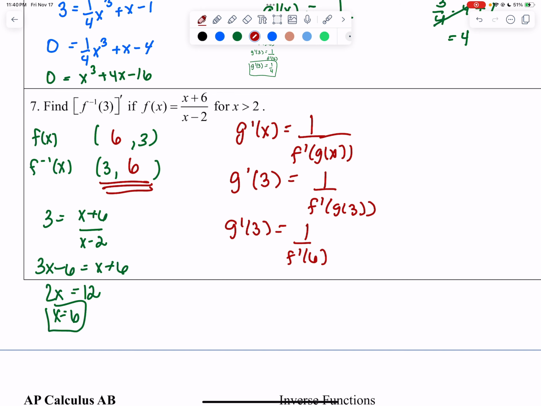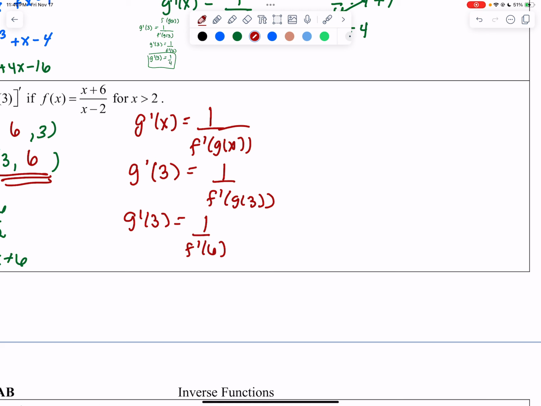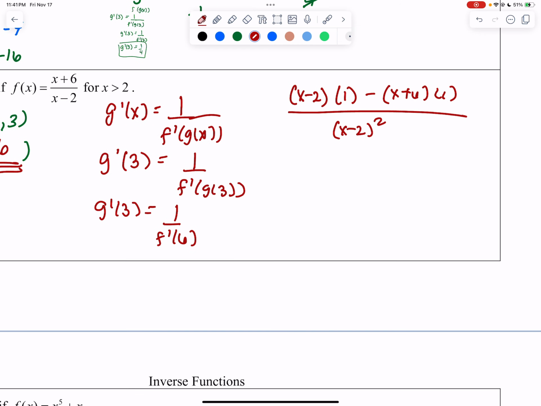And then you are going to internally cry a little bit because now you have to figure out the derivative of f of x at 6. So low d high minus high d low all over low squared. You're going to plug in 6. So you're going to have 6 minus 2, which is 4. 6 plus 6, which is 12. 6 minus 2 is 4. 4 squared is 16.